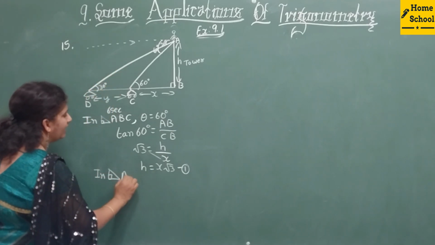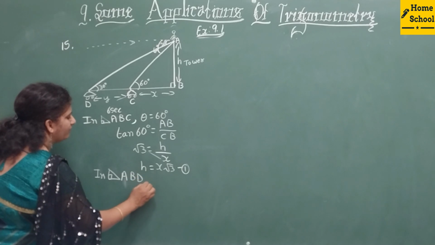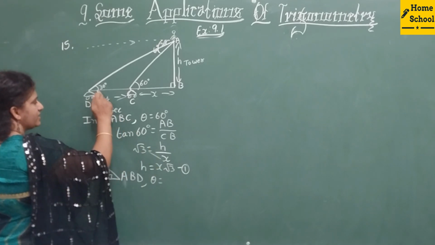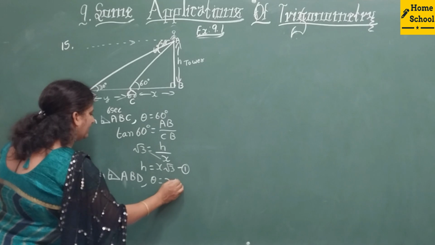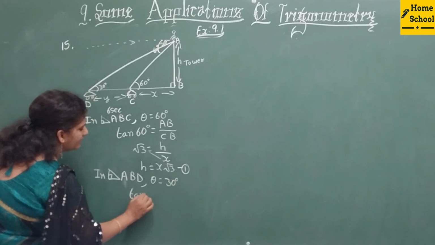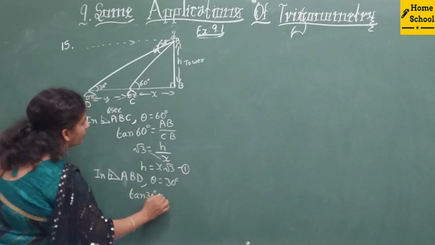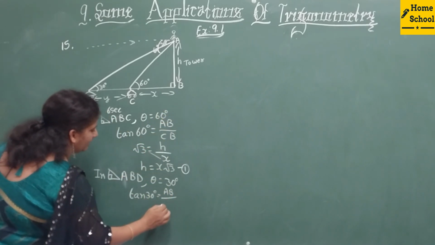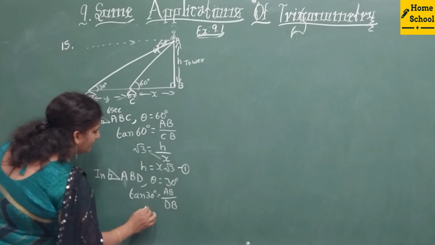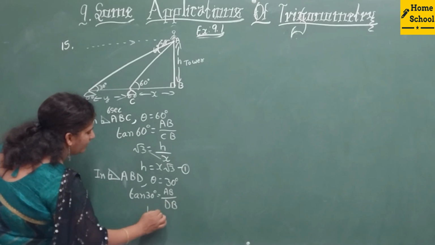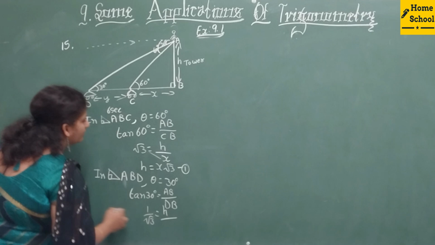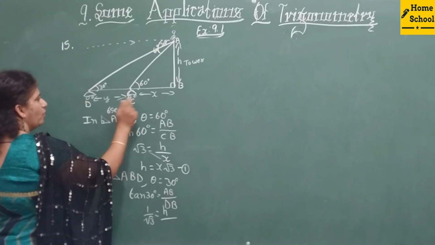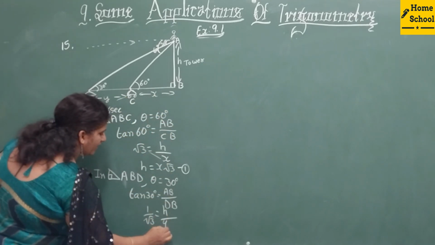Similarly, take another right triangle. In right triangle ABD. Theta, what is your theta value? 30 degree. Tan 30 degree is equal to opposite AB by adjacent DB. Tan 30 value is 1 by root 3. AB is h and DB value y plus x or x plus y you can write.